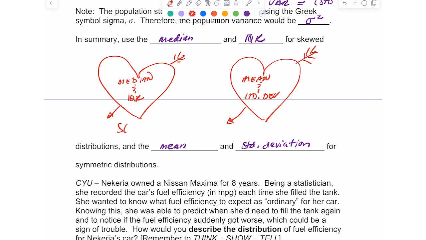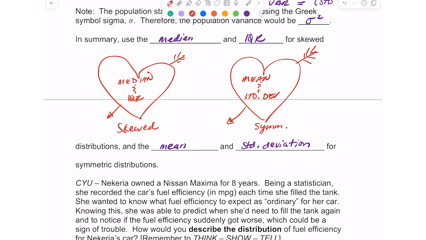These guys are for skewed distributions or distributions that have outliers. These, the mean and standard deviation, are for symmetric distributions that are also unimodal, where there's no outliers.